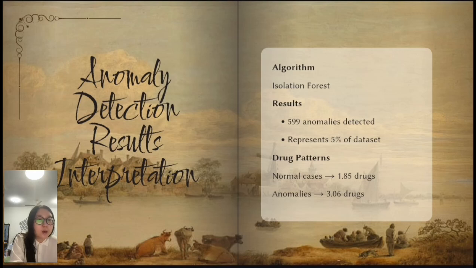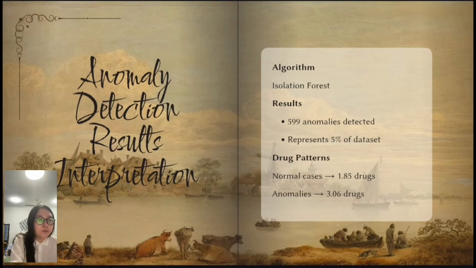From a public health perspective, this finding is quite important. Many strategies focus mainly on fentanyl because it's the most common substance involved in overdose deaths. However, our detection results show that some deaths involve multiple drugs at the same time.